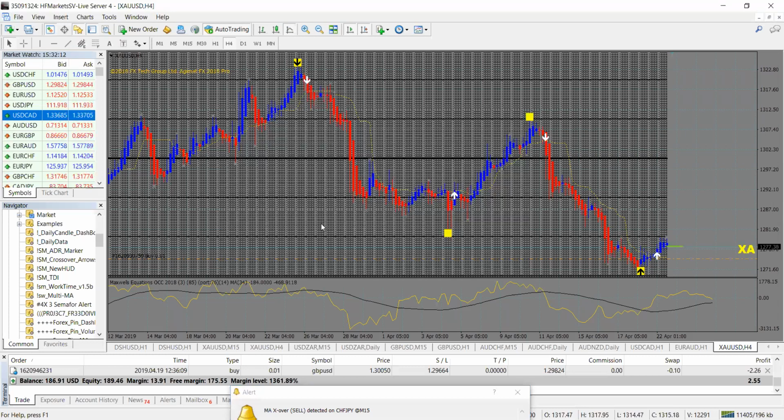If you understand price action movement, you understand that at the point where this yellow box comes up, it's trying to tell you that this trend is not done yet, that this is most likely the beginning of a correction before the next impulse.